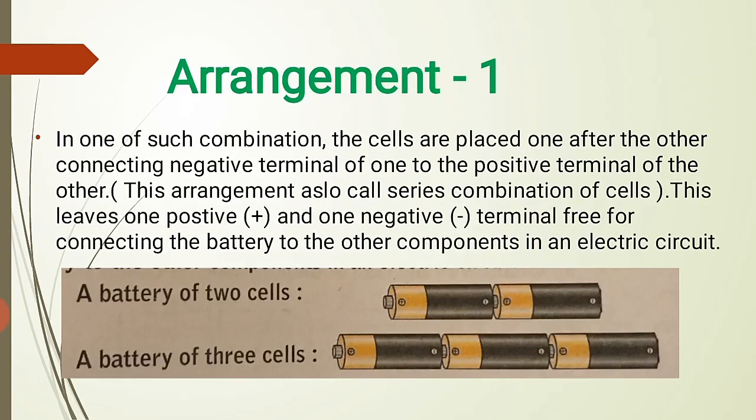Next, arrangement 2. In certain electrical appliances, the cells are placed side by side in a compartment, and the cells are connected to each other with the help of a metal strip or thick wire.